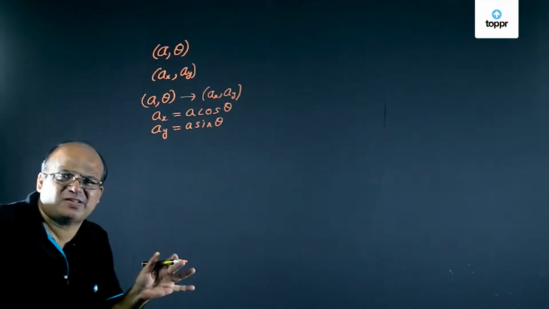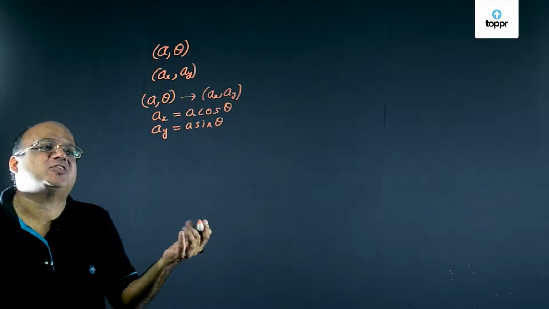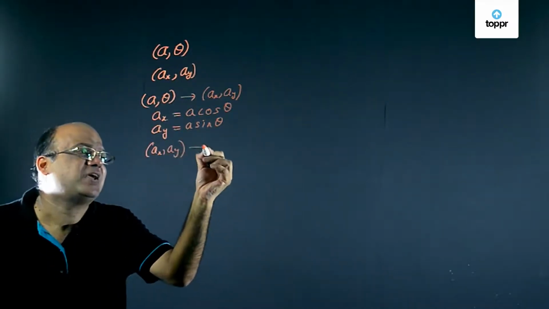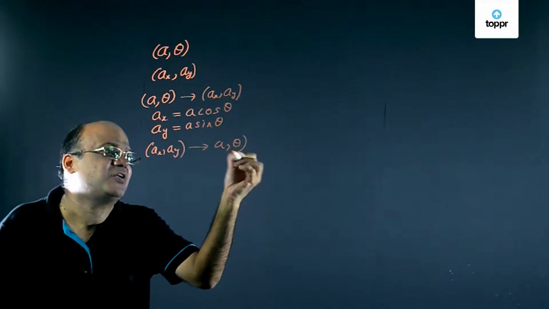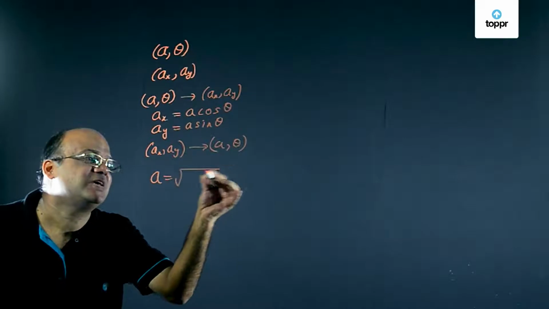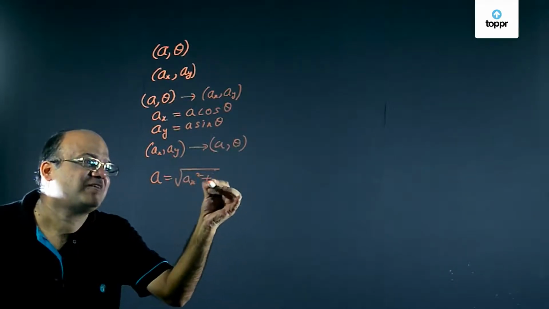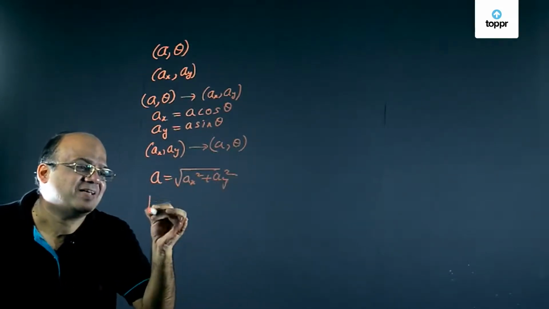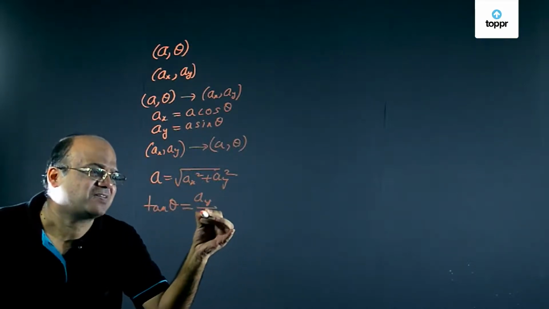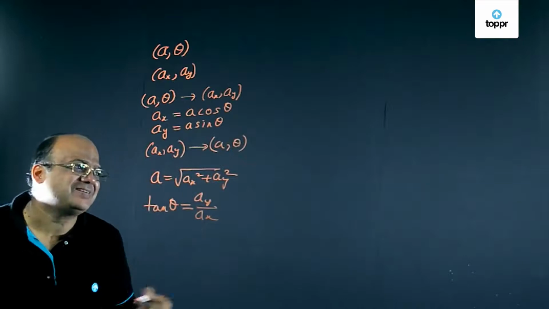If Ax, Ay is given, we can find A, theta. So say Ax, Ay is given to us. How to find A, theta? A we got from Pythagoras theorem. So A is root over Ax square plus Ay square, and tan theta will be Ay upon Ax. Right?